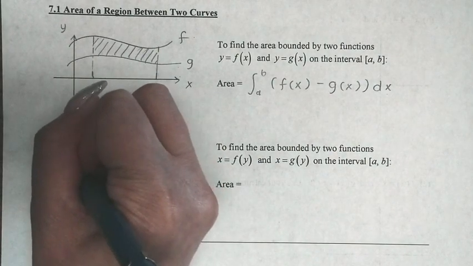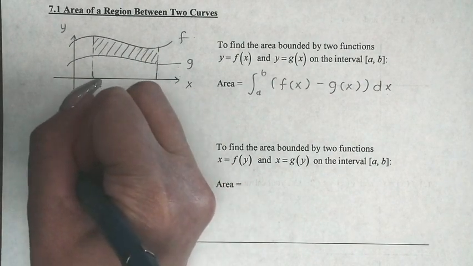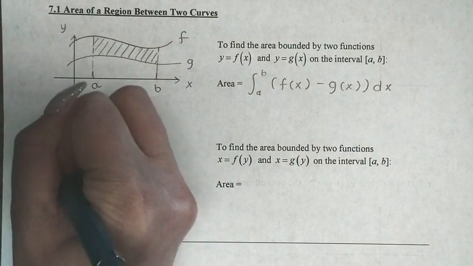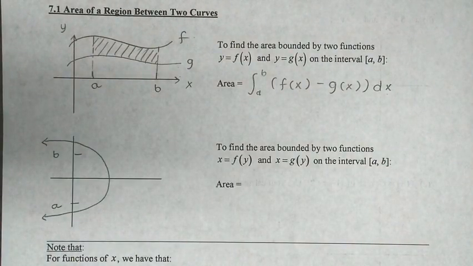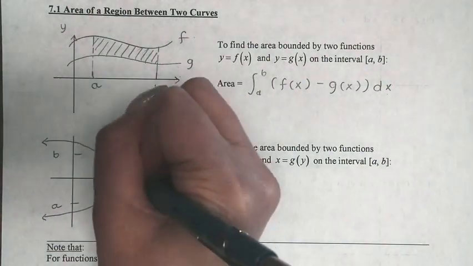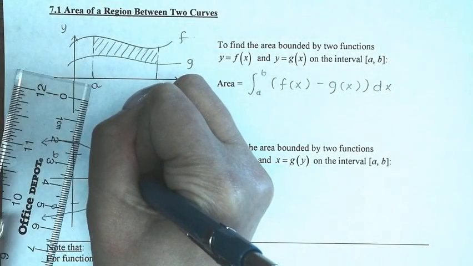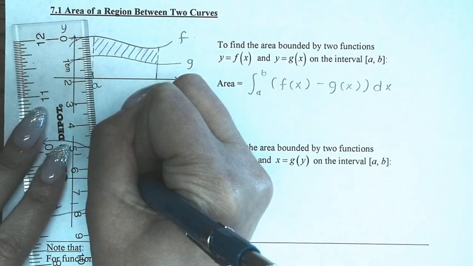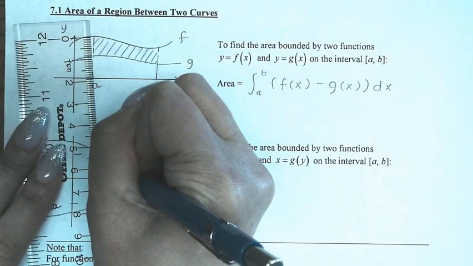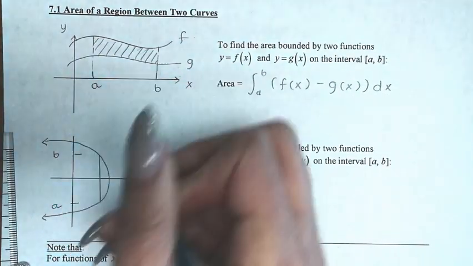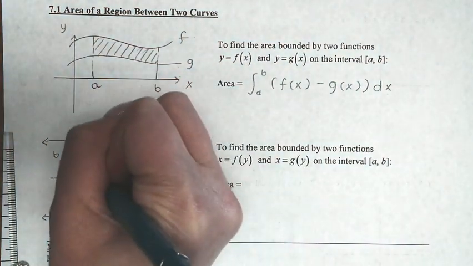And in this situation, let's think about a parabola, a parabola facing this way. And in this situation, what I have is a line. So I have a line and I care about the line from here to here. And this is my a, and this is my b.